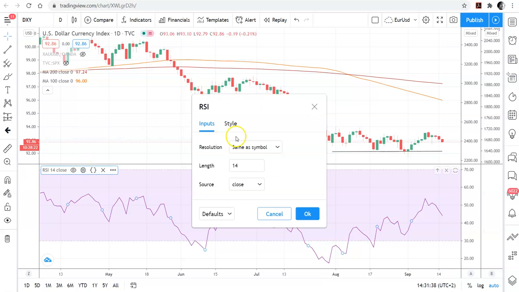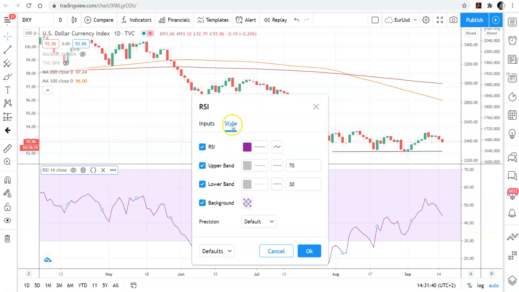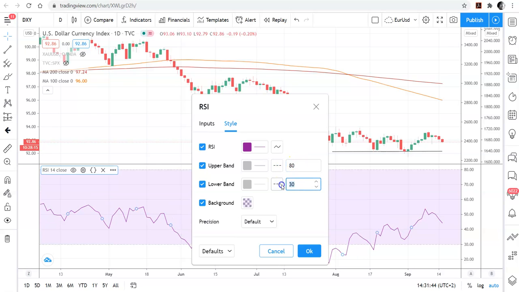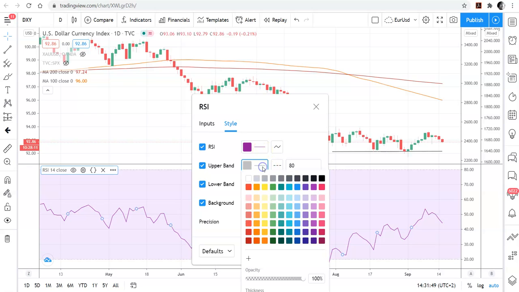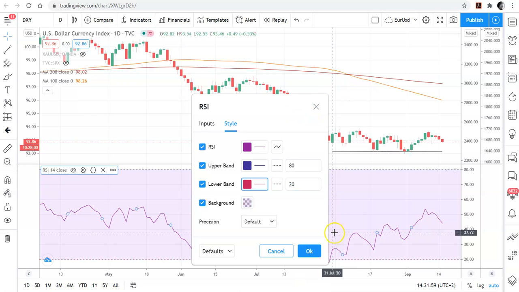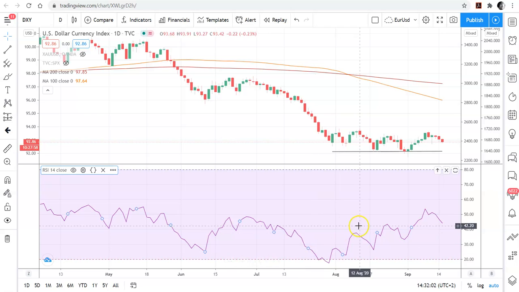What I usually do to filter out some of the noise is to set it at 80 and 20. That gives us a little bit more. The upper band I'll do with a slightly thicker line and make it quite dark, and the bottom line as well I'll make quite dark, so we can see clearly that we are in the middle of this.